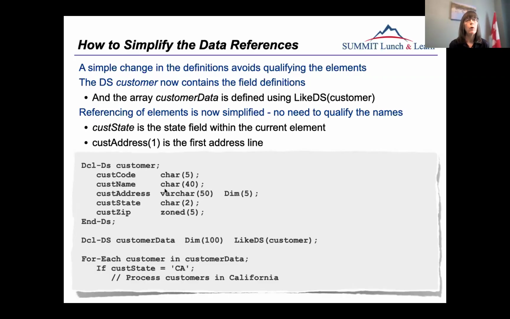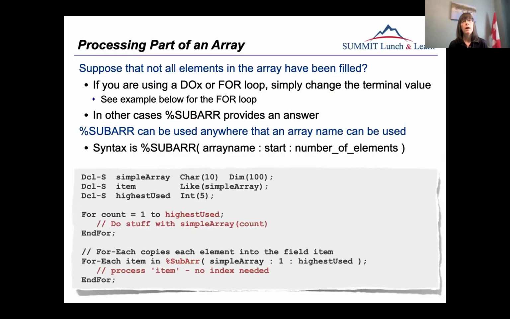So I don't have to qualify anything for those. If I want to refer to the state, I can just say custstate without qualification. So that's probably a slightly easier way of dealing with for each loops with data structure arrays.